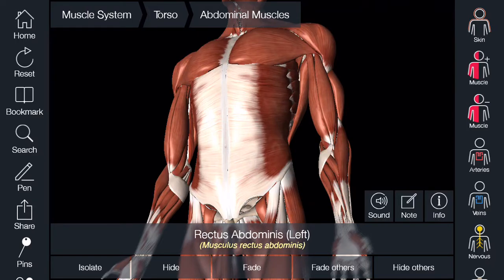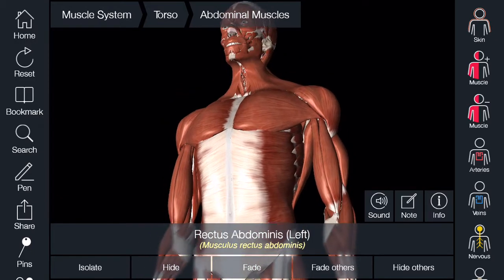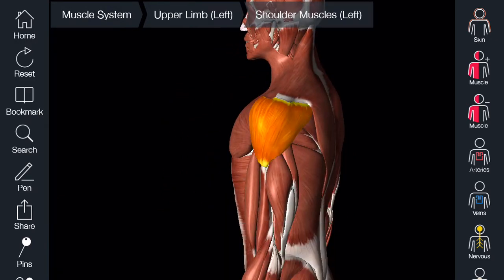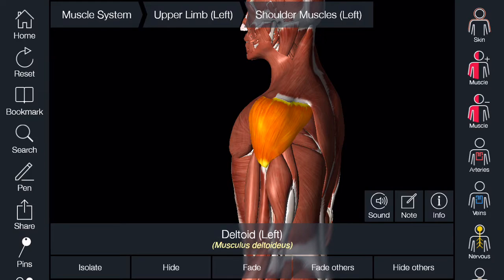Moving on to the muscles of the upper extremities. We have the deltoid, aka the shoulder. Boom. Deltoid. Action is abduction and flexion of the arm.